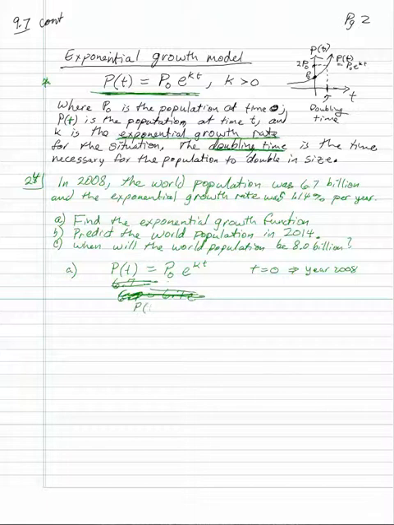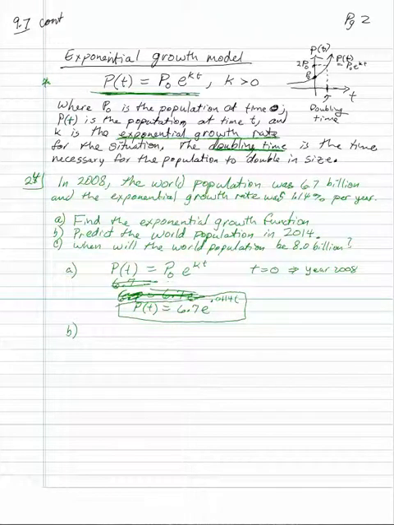Okay, so P of t is equal to 6.7 e to the k, which is the growth rate, 0.0114 t. So this is the growth model.